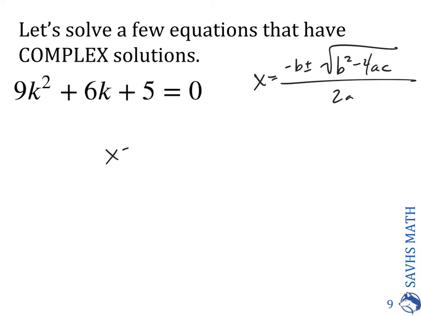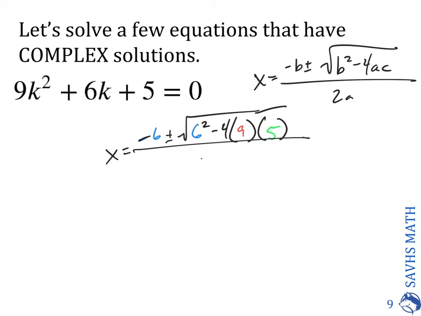So x equals negative 6 plus or minus the square root of 6 squared minus 4 times A is 9, C is 5, all over 2 times 9.